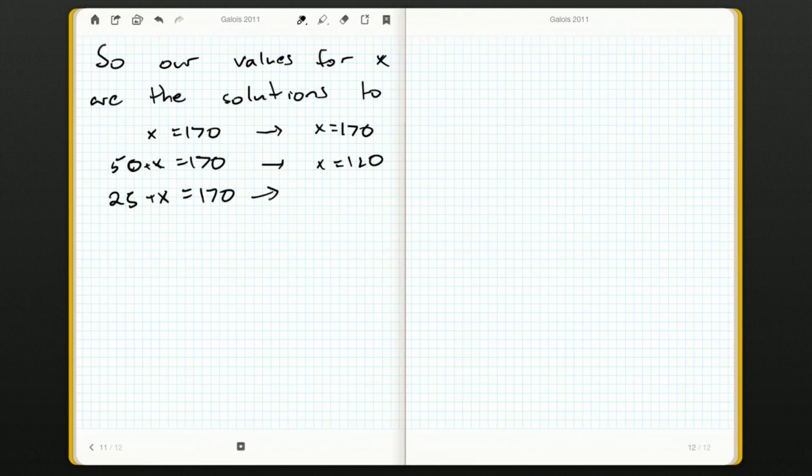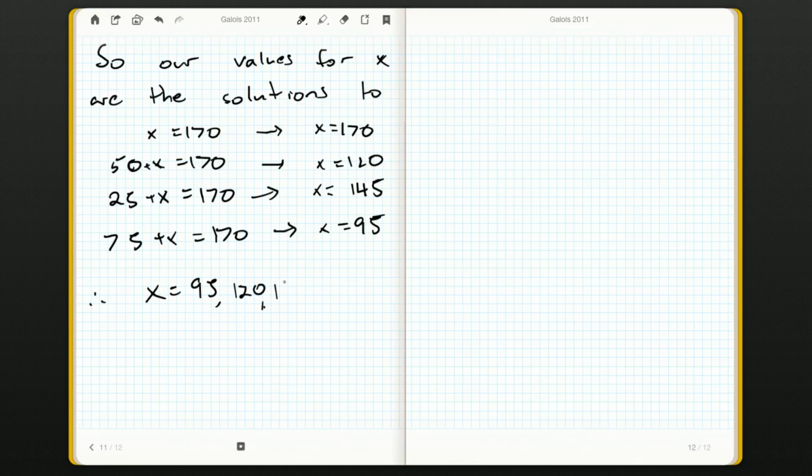And that can also be rearranged to give you X equal to 145. And the last one that we just worked out, 75 plus X is 170. So X should be, I think it's 95, but I'll just double check because why not? We have our calculators. We should certainly be able to use them. So X is 95.